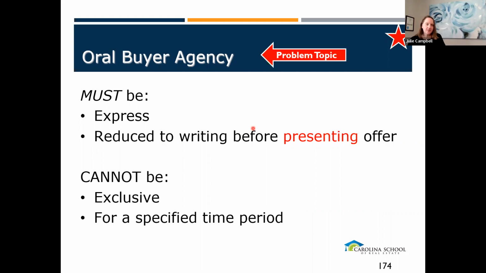We can get a yes to dual orally when we are working with that buyer in an oral buyer agency agreement. Most of the time with buyers, we generally don't need to get into a lengthy discussion about dual agency until and if the situation arises.